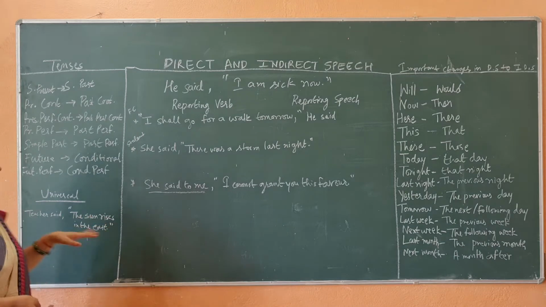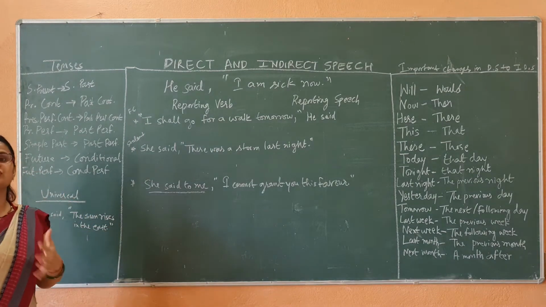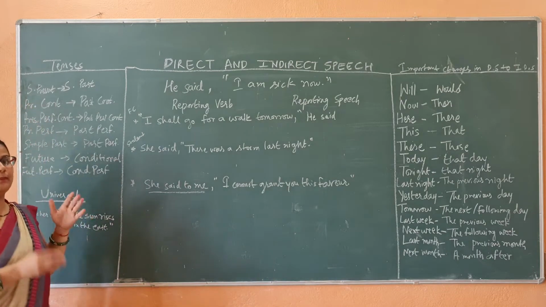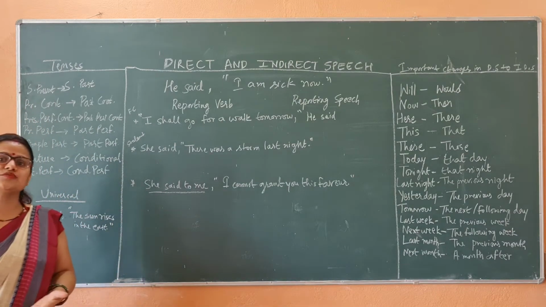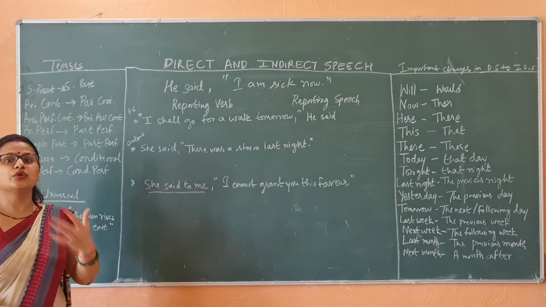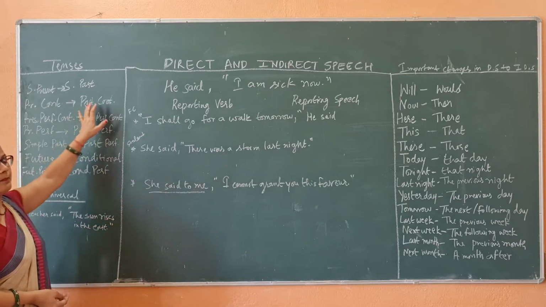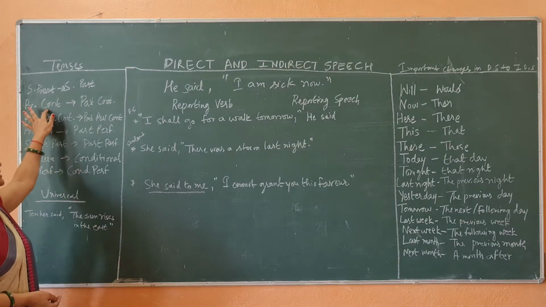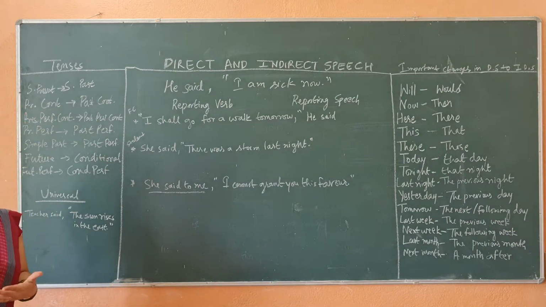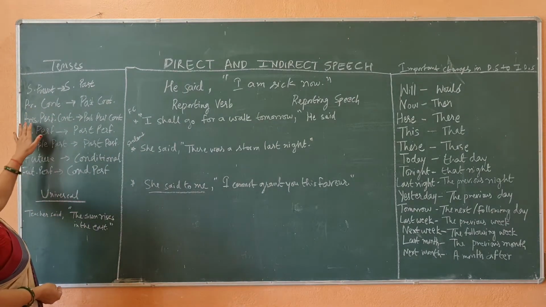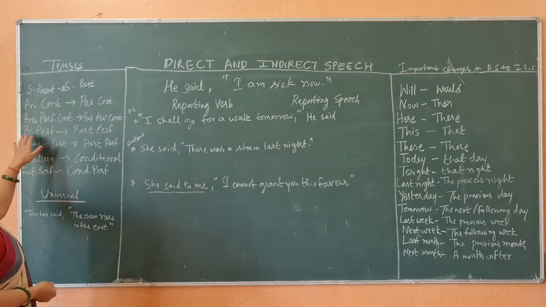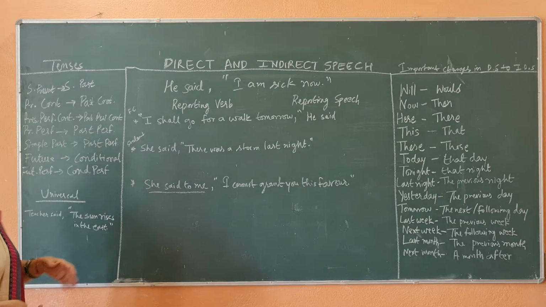Just simply remember, if the tense used in your direct speech is simple present, then in indirect speech your tense will be shifted into simple past. Very same, present continuous changes into past continuous, present perfect continuous into past perfect continuous, present perfect into past perfect.